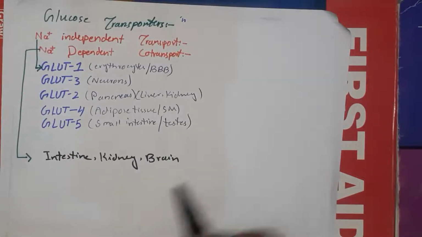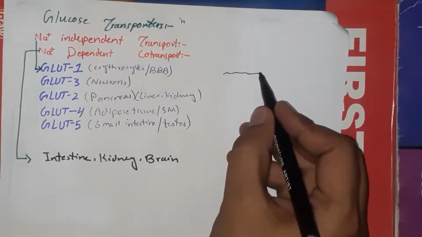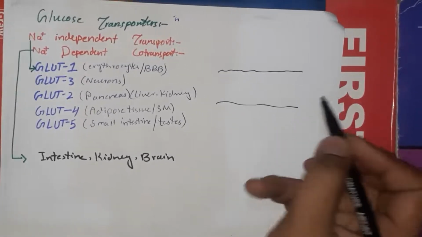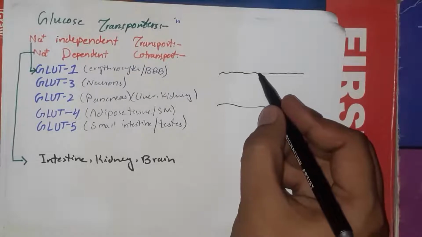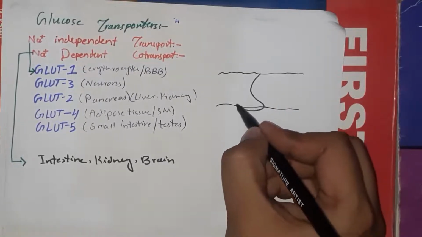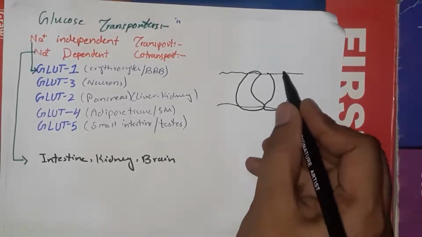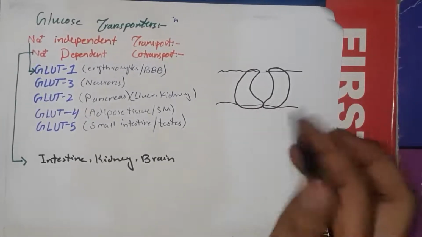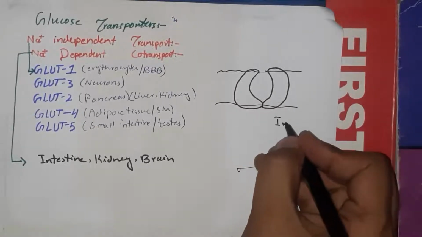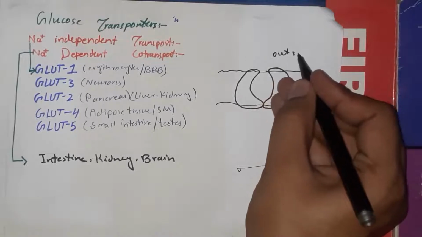So, how do they transport glucose inside the cells? Suppose this is the cell membrane, and here lies your glucose transporter. Suppose this is your glucose transporter, and it is closed inside the cell. Suppose this is inside the cell and this one is outside the cell.